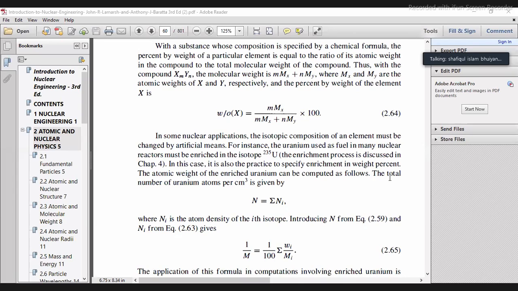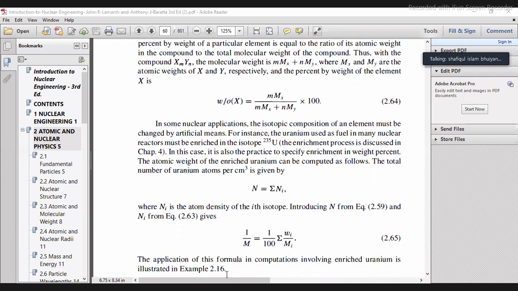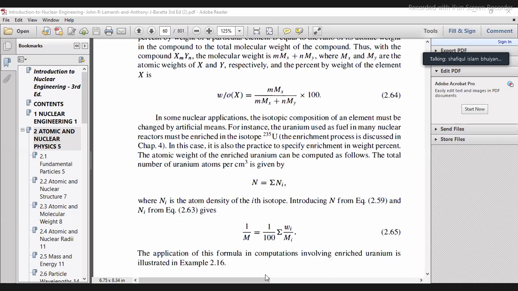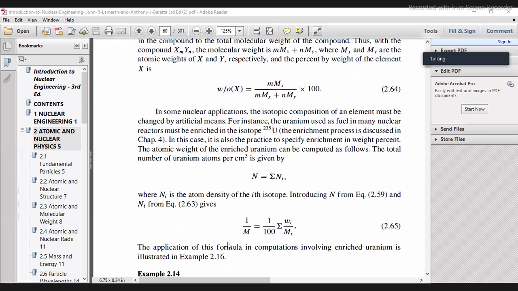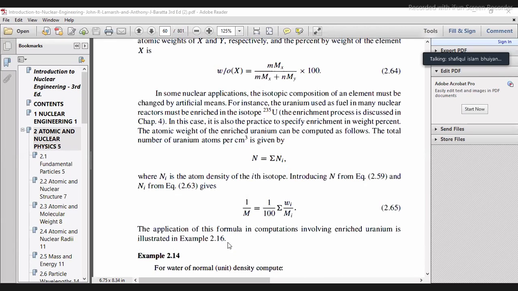This Wi is the weight percent, and this Mi is the gram atomic weight. And so you get 1 by M equal to this. The application of this formula in computation involving enriched uranium is illustrated in example 2.16. We will talk about 2.16, how we can use it.